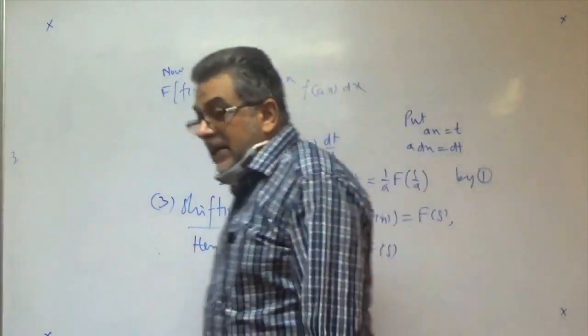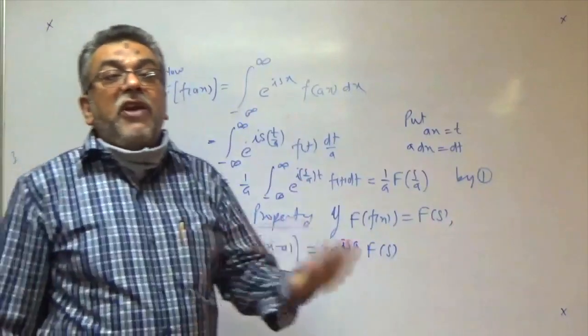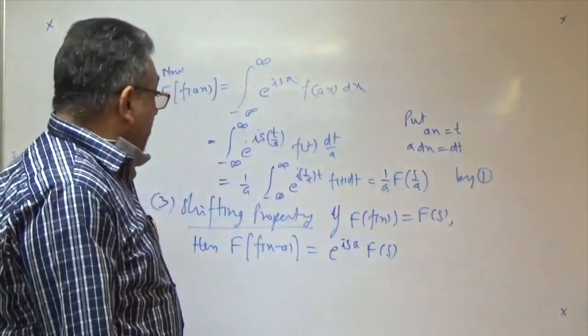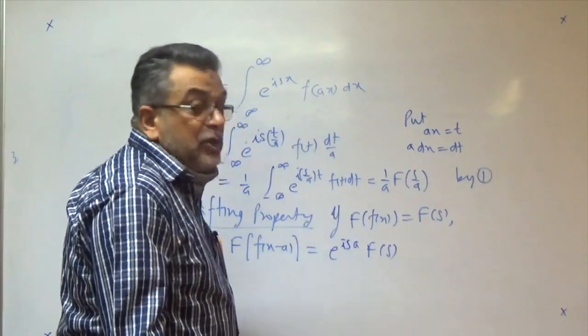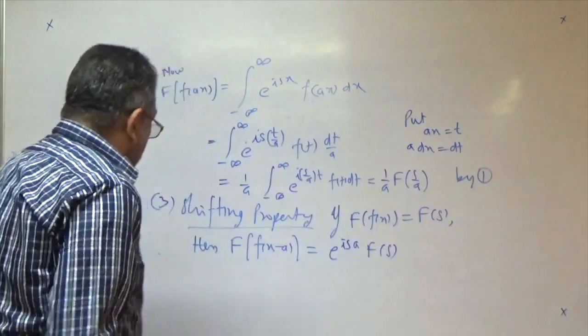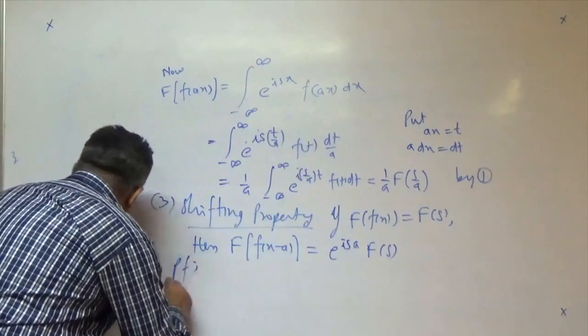If we take x minus a in place of x as a parameter, then the Fourier transform will be similar, with an additional term e to the power i s a. Again, you can verify this.